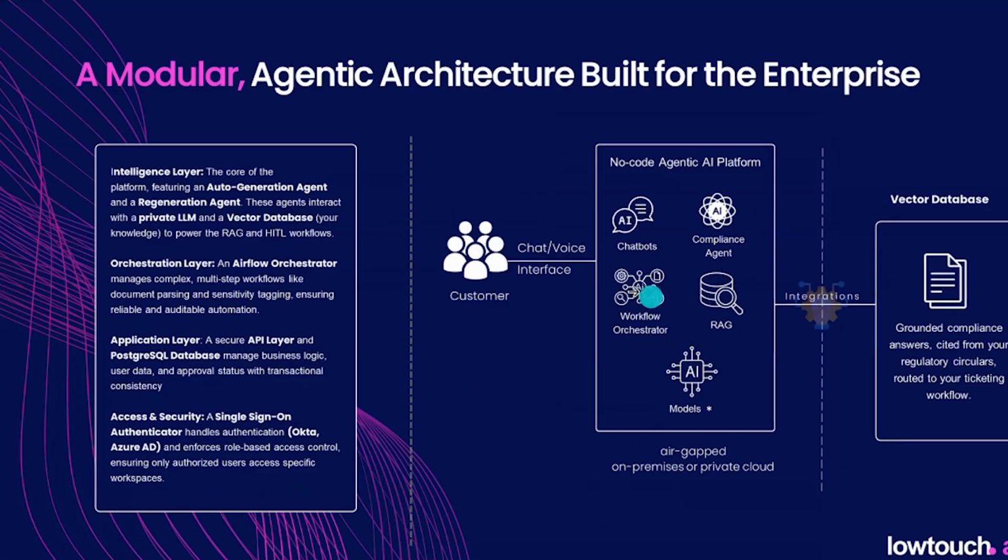You can see here a workflow orchestrator and a compliance management agent. There can be chatbots, where you can directly chat with the agent. Models are there, and as we said, we support on-premise as well as cloud models. RAG and a VectorDB are there.